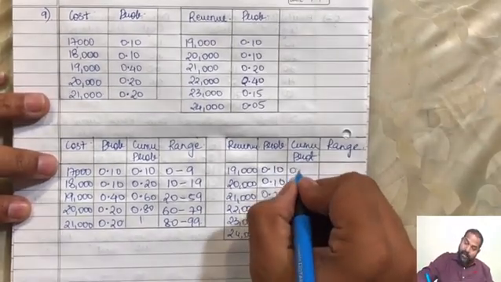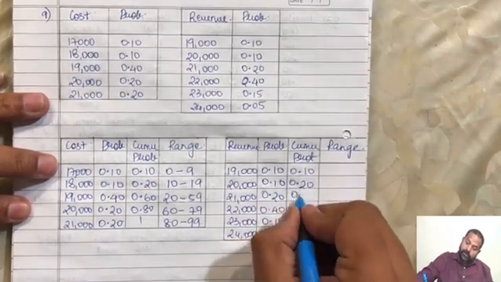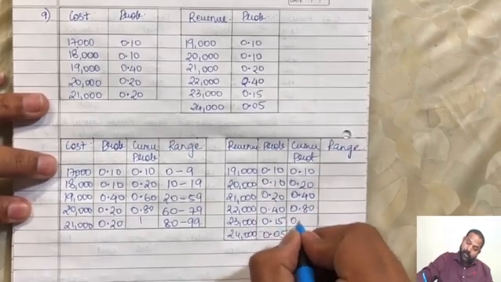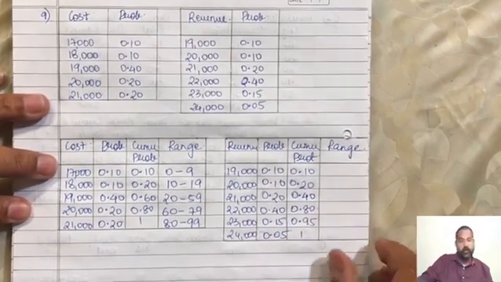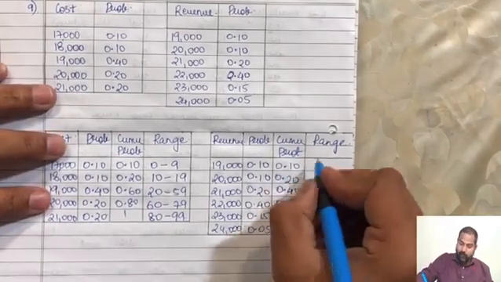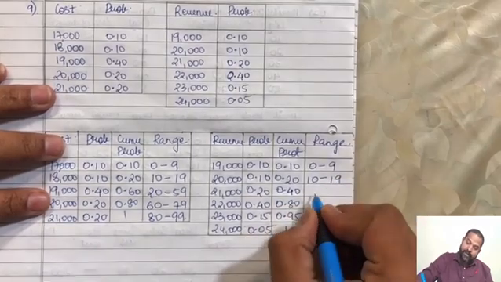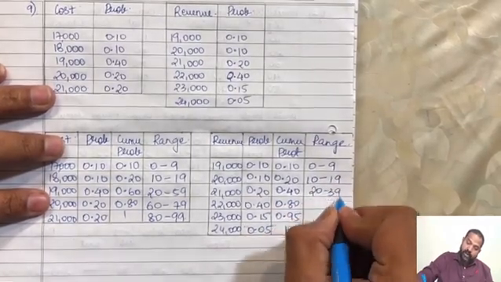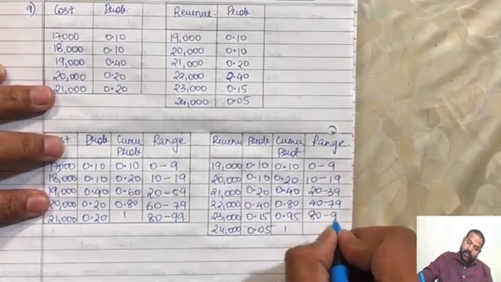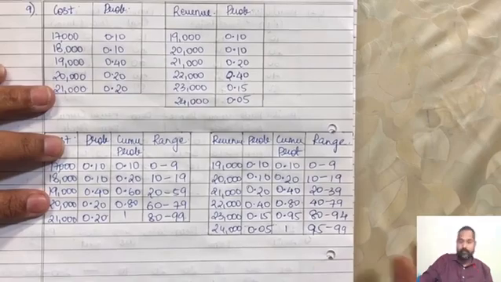Cumulate the probability: 0.10, 0.20, 0.40, 0.80, 0.95 and 1. Range, this is basically 10, so it is 0 to 9, then 10 to 19, 20 to 39, 40 to 79, 80 to 94 and 95 to 99.